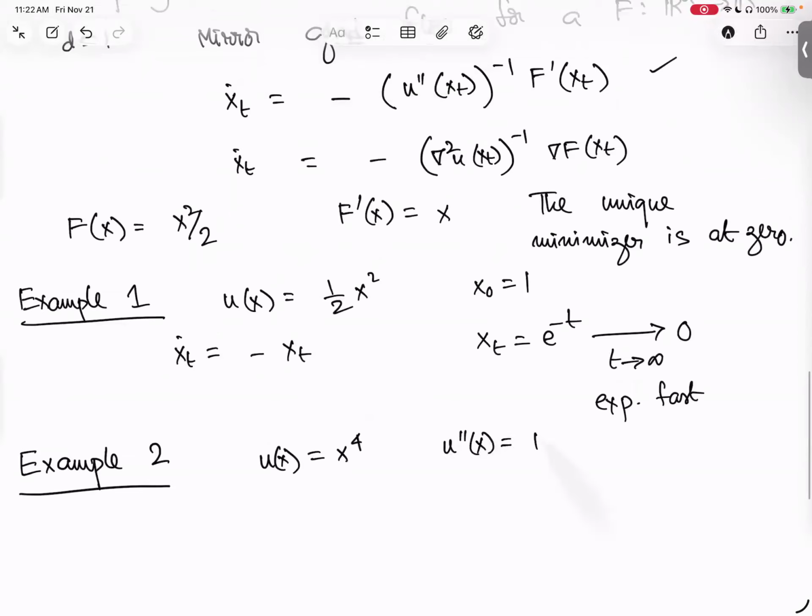What's the biggest difference that you see from this one to the previous one? As t goes to infinity, this one still goes to 0, but the convergence is much faster than exponential. It converges in a finite amount of time. At t equals 6, I've already hit the origin.